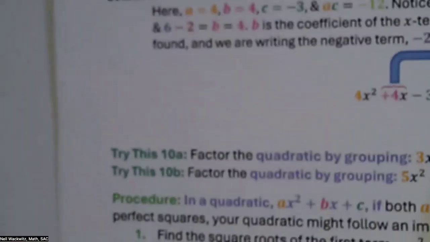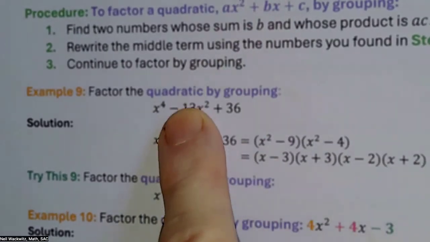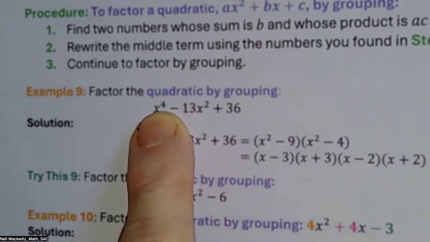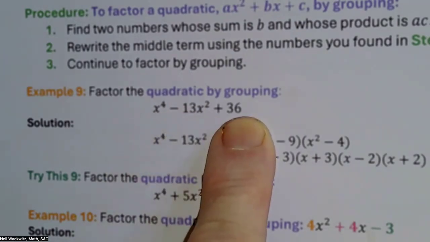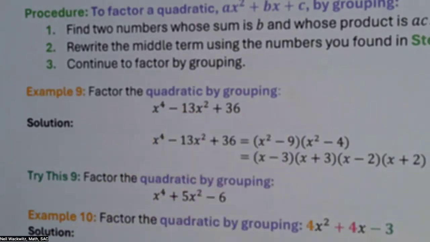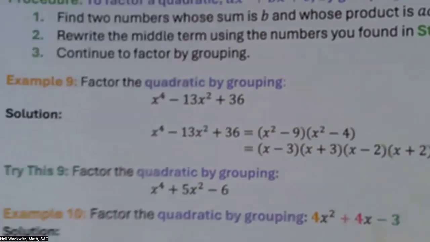I'm fairly certain that we started the next example, but we didn't do it as excitingly as this. I think what I did in class was x squared minus 13x plus 36. Yeah, that's right. Okay, well, let's do this version.